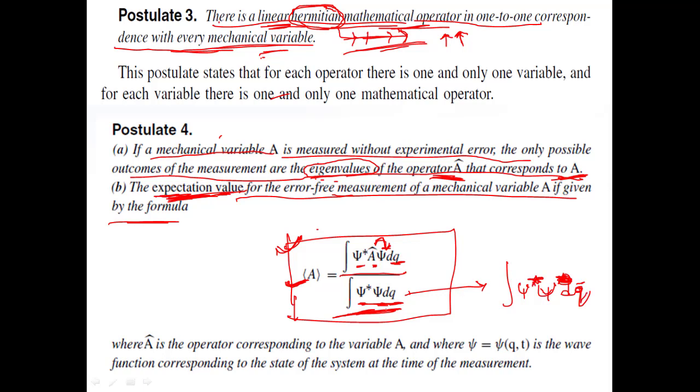That's it. So again you will be seeing these postulates in detail in your higher classes. So postulate 3 is about Hermitian operators and postulate 4 is how to calculate the expectation value of an observable. You just have to go through it.